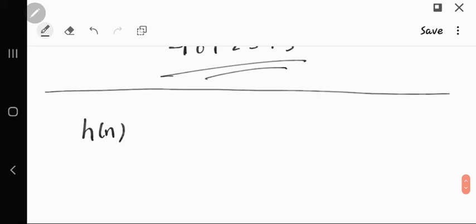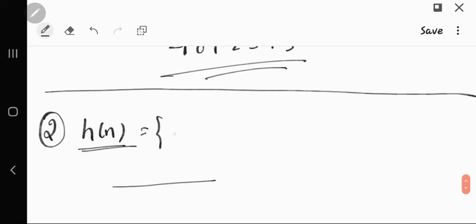Take the same h of n, this is just another problem for you to verify. h of n is equal to plus 1, 3, 2, minus 1 and 1, as 5 samples, signal starting from here.